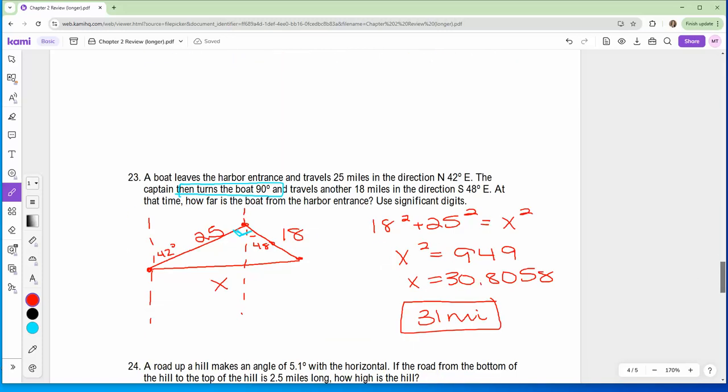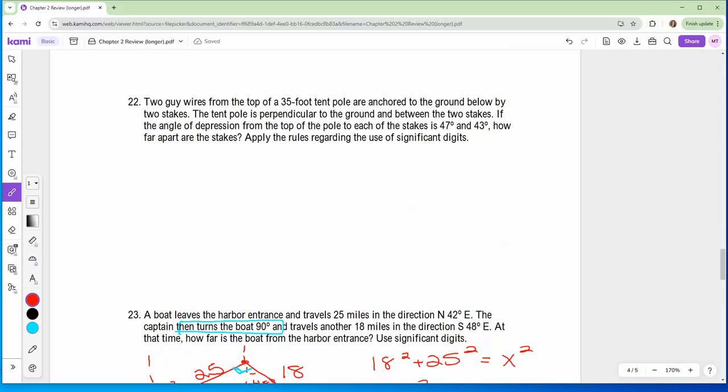The nice thing about that is, because I told you in the problem it's a right triangle, we could just do our Pythagorean theorem.